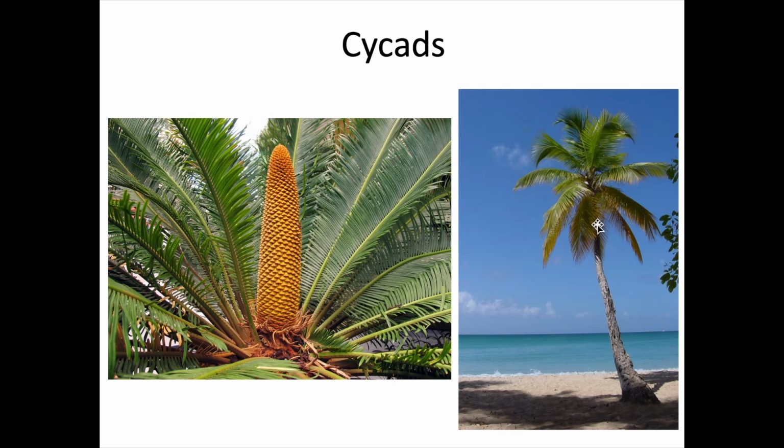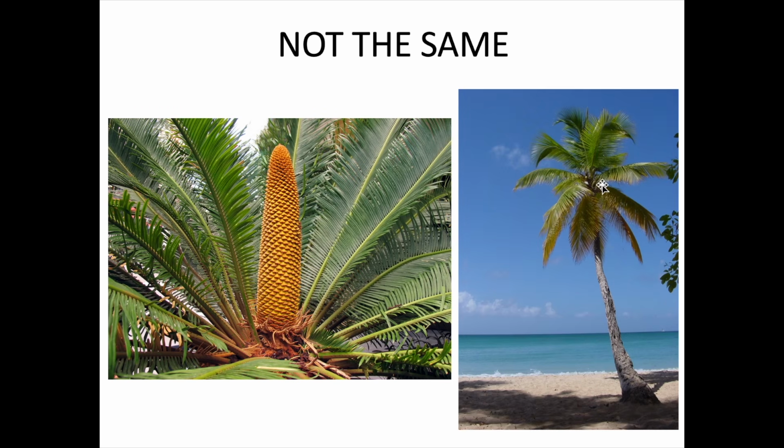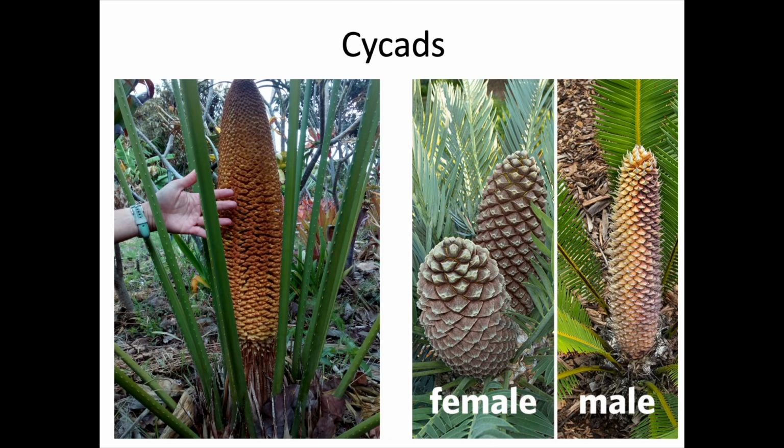Here's palm tree for comparison. Not the same. This is convergent evolution. These are not even closely related to palm trees. These are going to be the other group of seed plants. They convergently evolved similar looking leaves. So these giant cones, oh yeah, here's a human hand for sense of scale on these massive cones here.